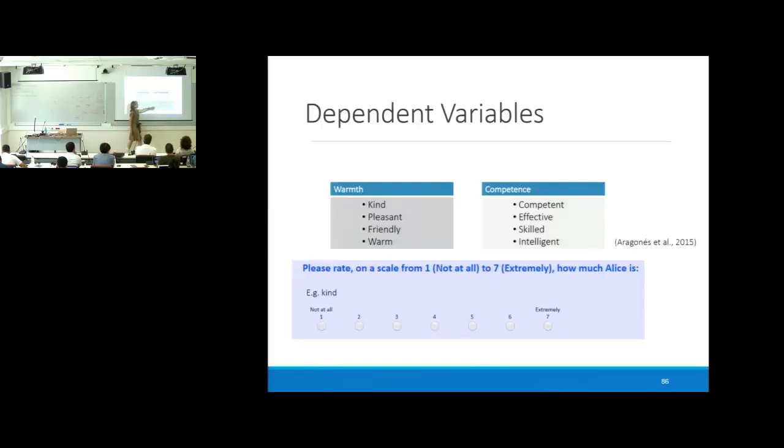We relied on a study by Aragonés that describes warmth through several words, and we picked four of them: kind, pleasant, friendly, and warm. For competence, we picked competent, effective, skilled, and intelligent. People have to rate how they view the agent for each of the words along a Likert scale of 7.